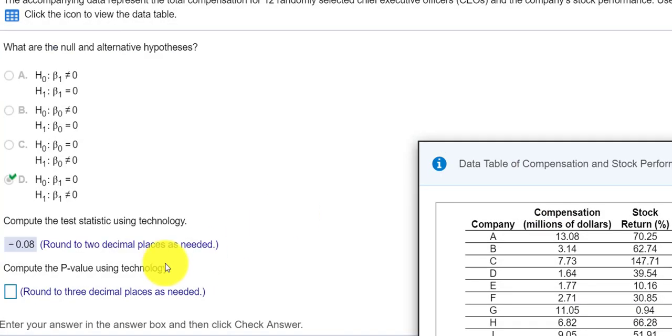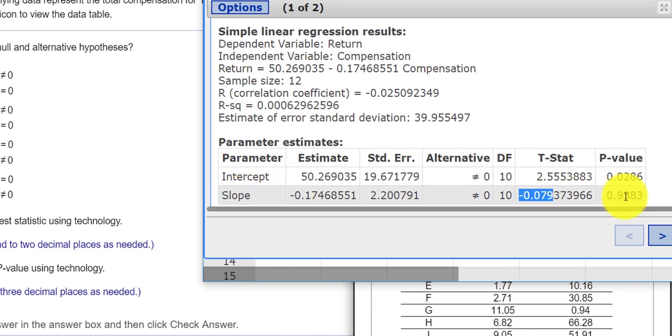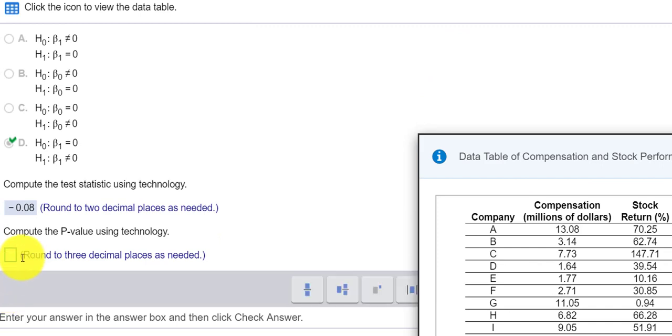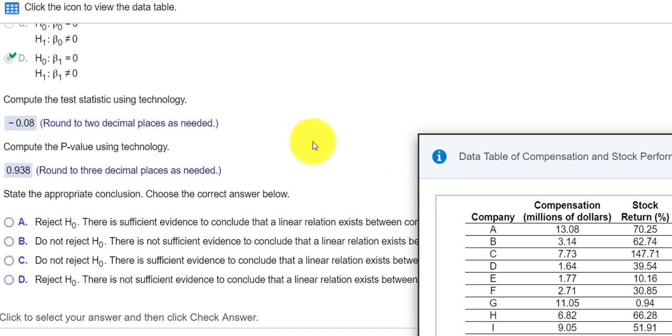Let's keep going. Compute the p-value using technology. Here's the p-value for the slope, and it says go 3 decimal places. I enter that in here and check answer. Still looking good. Then it says state the appropriate conclusion.